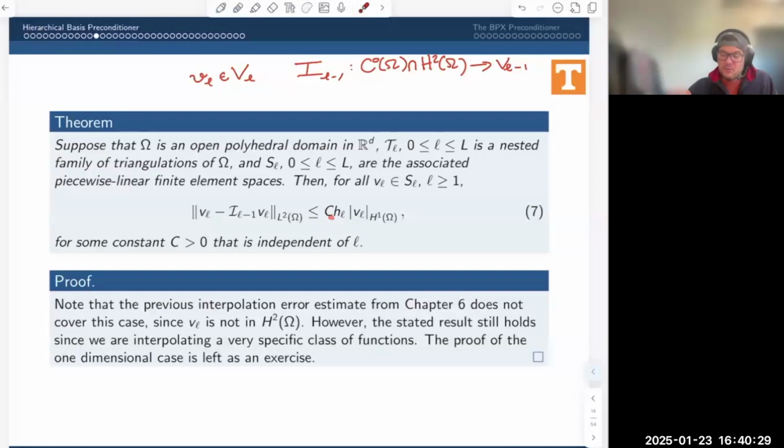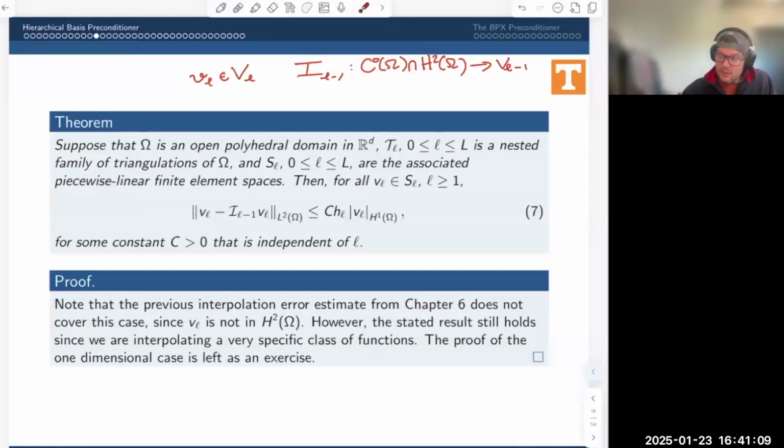This constant is independent of h and v, and maybe it depends on the shape of the domain, etc. I don't get second order, which I got in chapter 6, and I don't use the second Sobolev seminorm. I get first order, but I can use the first Sobolev seminorm. This is an interpolation error estimate, which is non-standard.